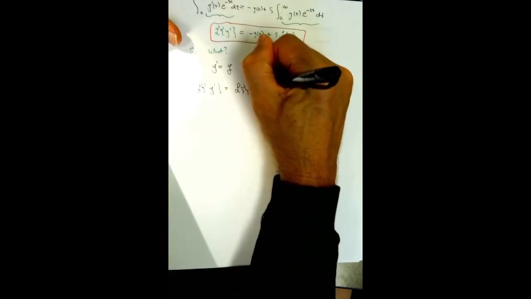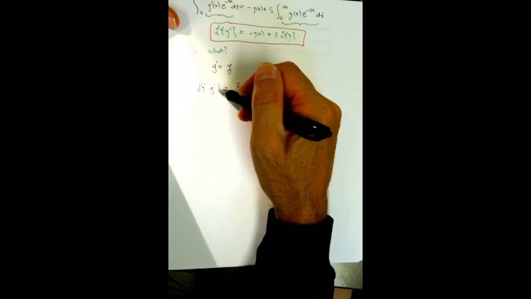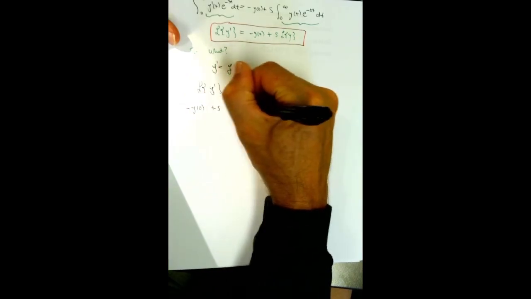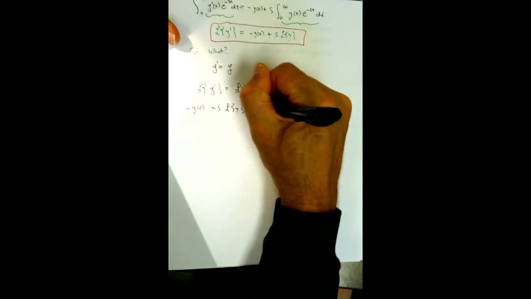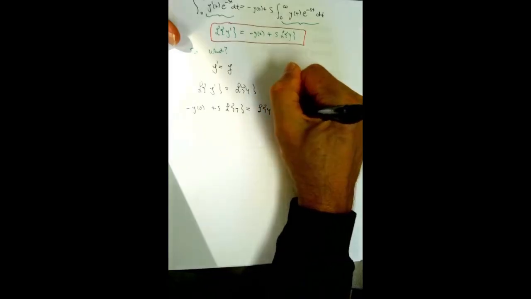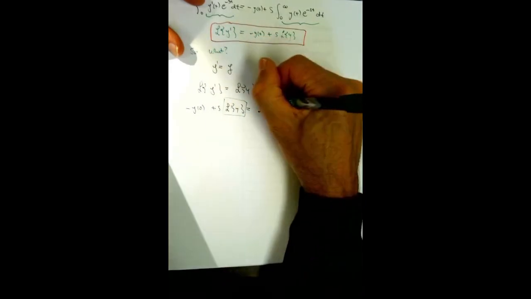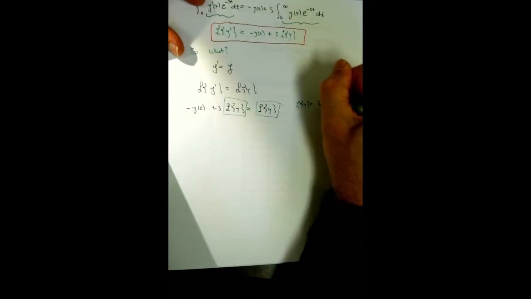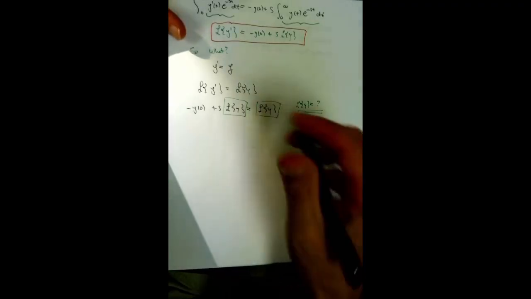I can just take the Laplace transforms of both sides. This thing on the left I can write in terms of this new formula. So I get this, and now notice I have a Laplace transform of y there and right there. If I can get a formula for the Laplace transform of y, I can use this stuff we just did to go backwards to get y.